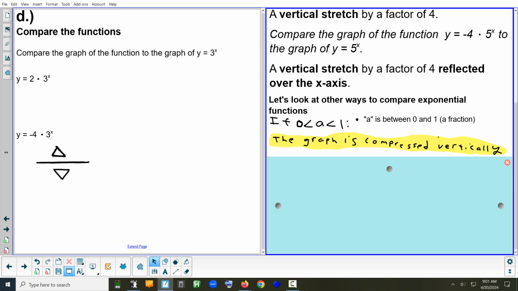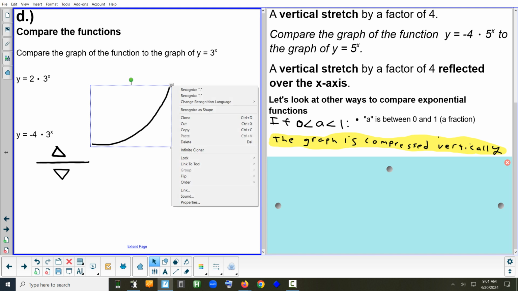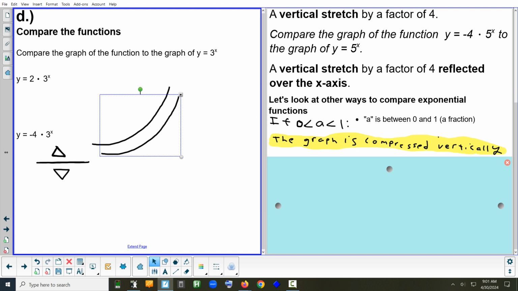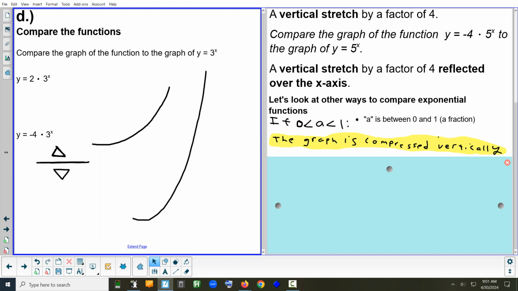Okay, let's say we had a graph that looked like this. If I wanted to take that graph and stretch it vertically, a stretch would look like this. It would take the graph and it's like I'm just pulling down. That's a vertical stretch.